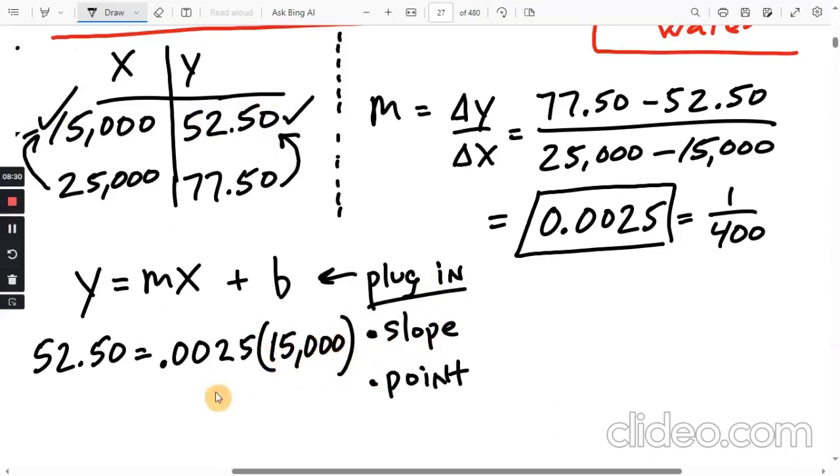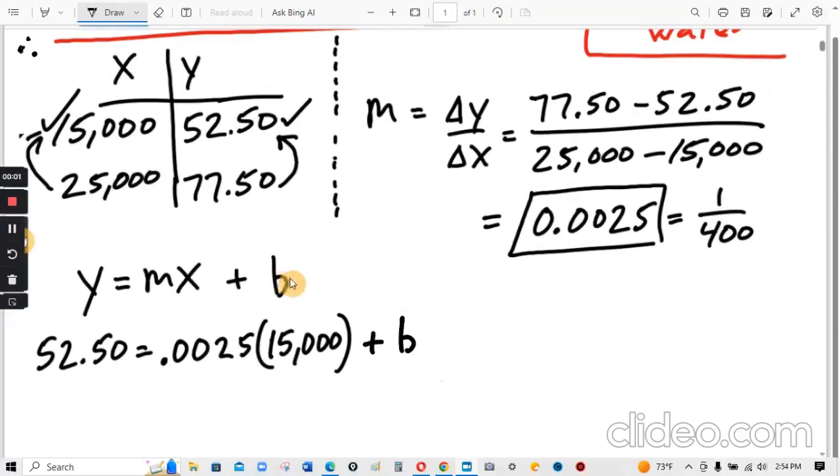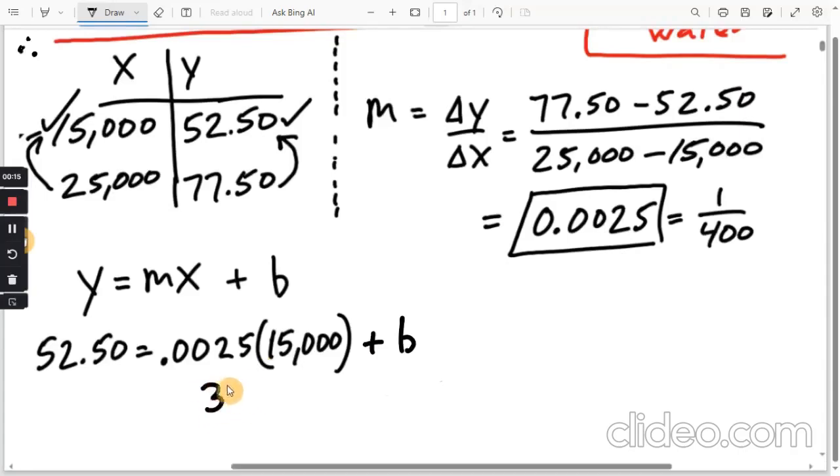And let me erase this. I need the room. All right, so I just added the plus b on the end. And this mess right here, 0.0025 times 15,000, that's going to be 37.5. And this is 52.5. And this is plus b on the end. Okay, solving for b, I'm just going to subtract 37.5 from both sides.